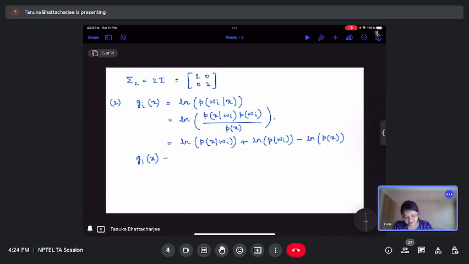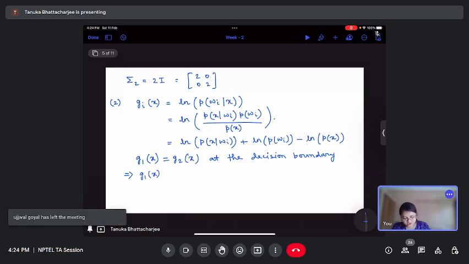So g1(x) will be equal to g2(x) at the decision boundary, or you can say that g1(x) minus g2(x) will be 0, which is the equation for the decision surface.